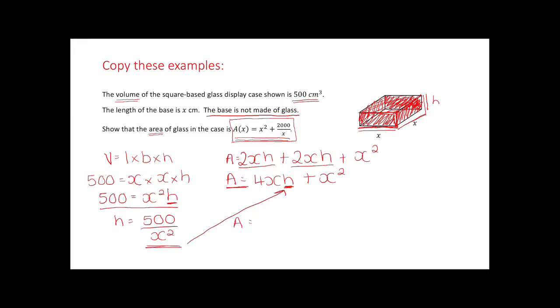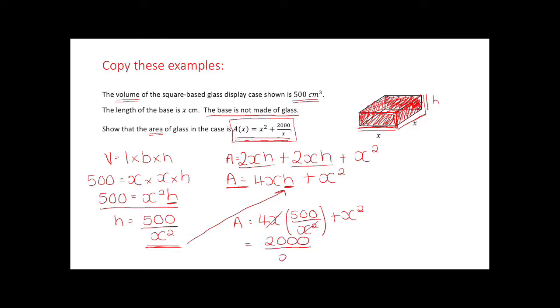So we've now got A equals 4x, but we're going to times it by 500 over x squared, which is our value for h, and then we're adding on an x squared. If we work through that, we get 2,000. Now we're going to have an x on the top, which is going to cancel with one of our x's from the bottom.